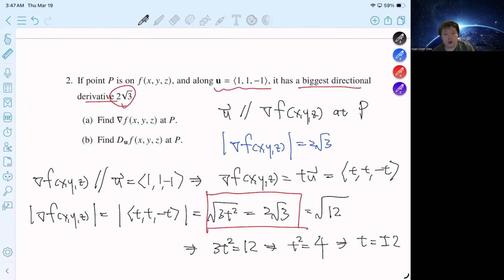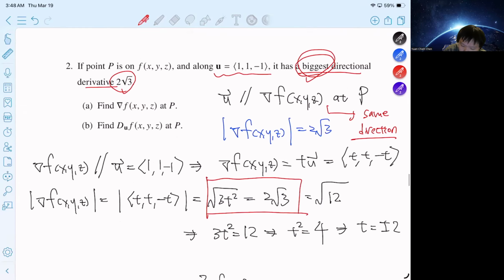Be careful. Should we choose positive or negative? Positive means it's the same direction, and negative means the opposite direction. Since we have the biggest directional derivative, it is the same direction, so t can only be 2.